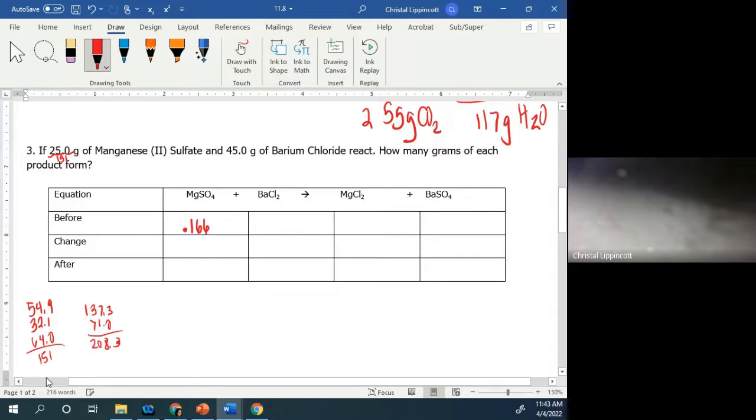So this I'm going to divide by 208.3. So that ends up being 0.216.